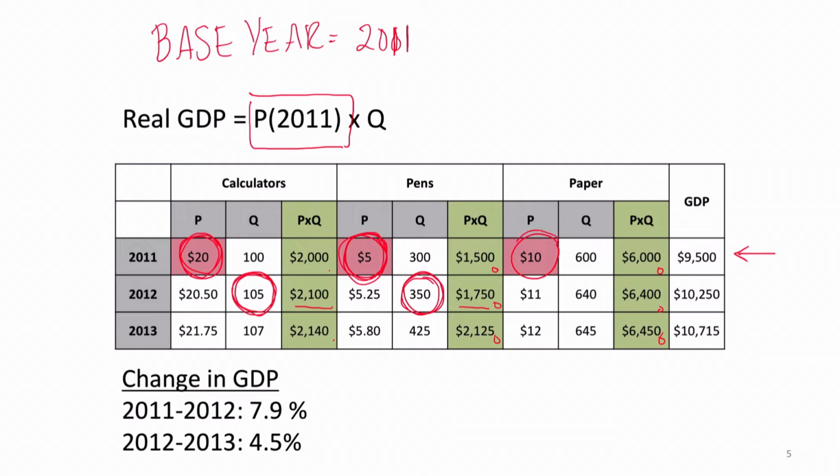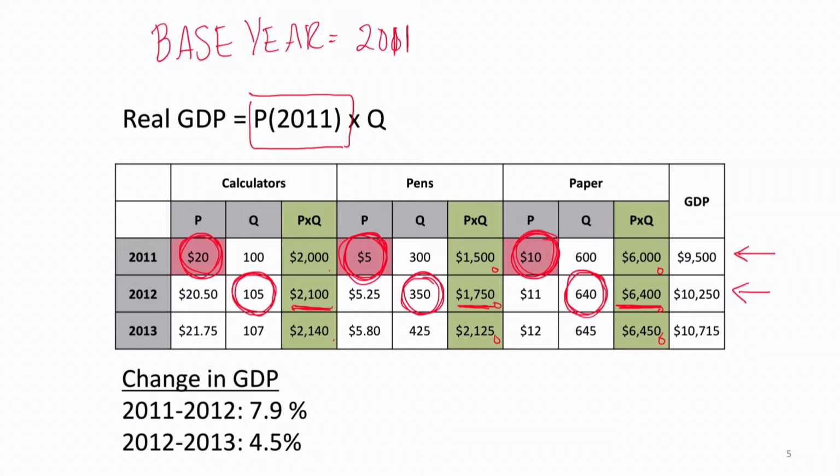Same thing for paper. Price stays at $10, but the quantity changes to the amount that we produced in 2012, giving us a market value in 2012 of $6,400. We add up our market values of these three goods, and we get a real GDP of $10,250.